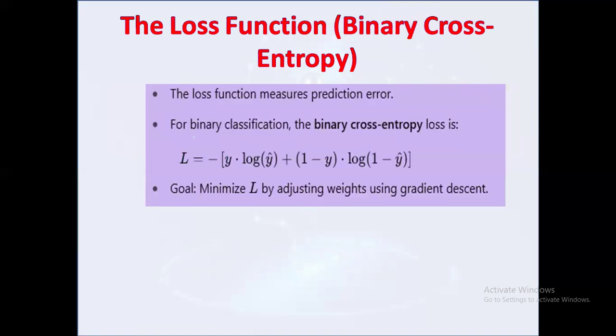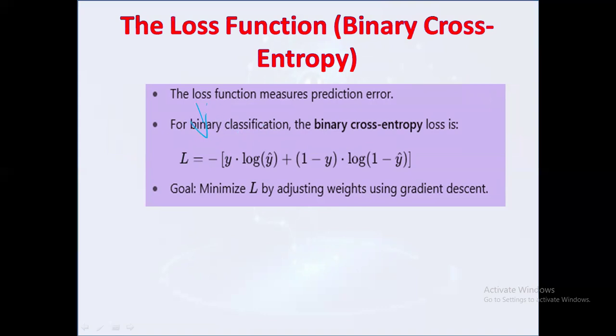The loss function measures prediction error. The loss function quantifies how well or poorly a model is performing during training. For binary classification tasks, the most commonly used loss function is binary cross entropy.